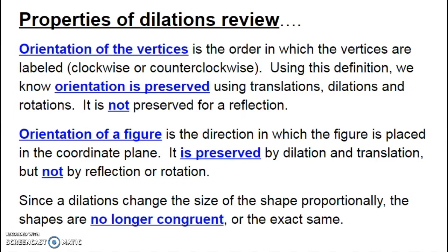Orientation of a figure is the direction in which the figure is placed in the coordinate plane. It is preserved by dilation and translation, but not by reflection or rotation. These two turn around or flip. Since dilations change the size of the shape proportionally, the shapes are no longer congruent, or in other words, the exact same.